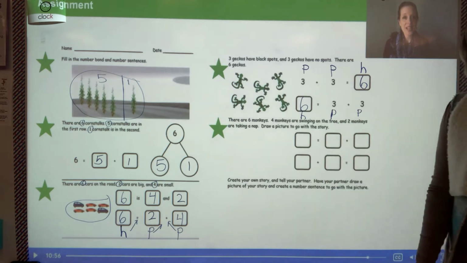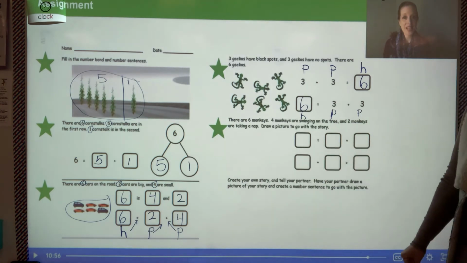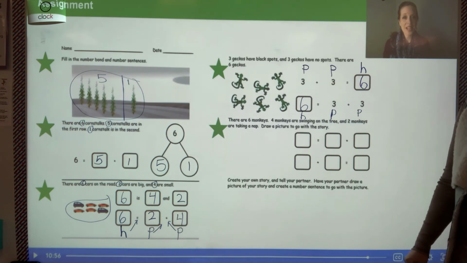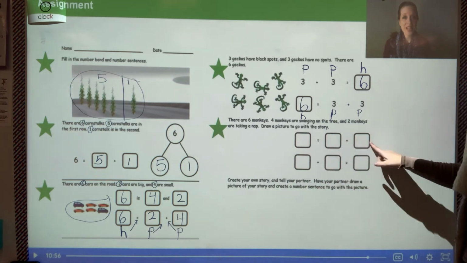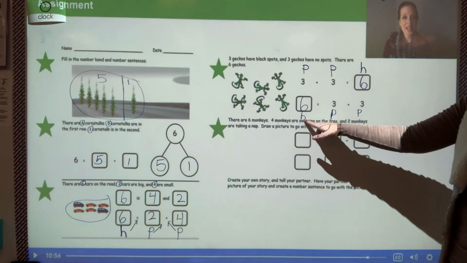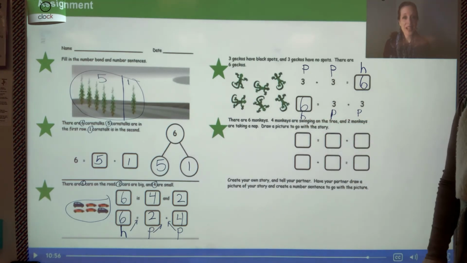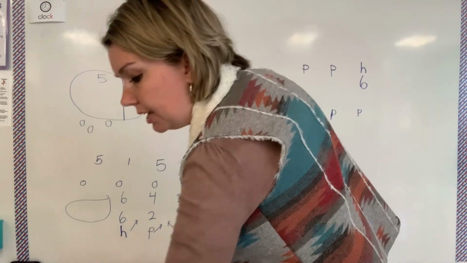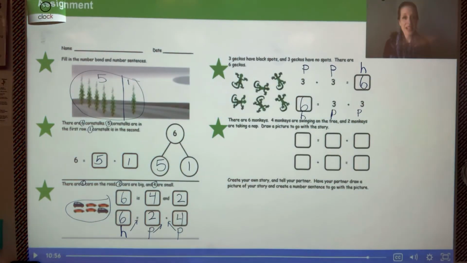You know what I think I'm going to do before I start anything? I'm going to label my number sentence. Go ahead and label both of these number sentences with your whole and your parts. Do that on your paper. When you're done, raise your hand and help me.